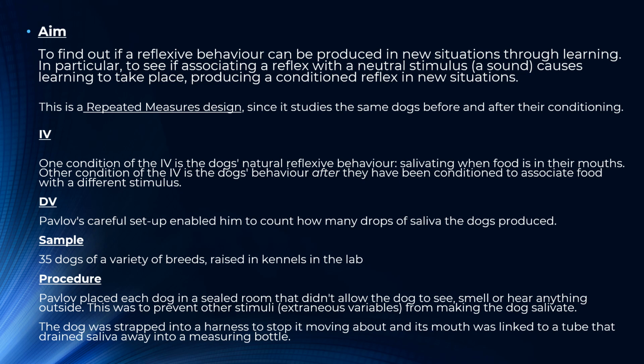They were also raised in the kennels in the lab, and that's really important because this was their home and this was their natural environment. What it means is that actually it doesn't lack ecological validity for the animal, because this is what they're used to being in.